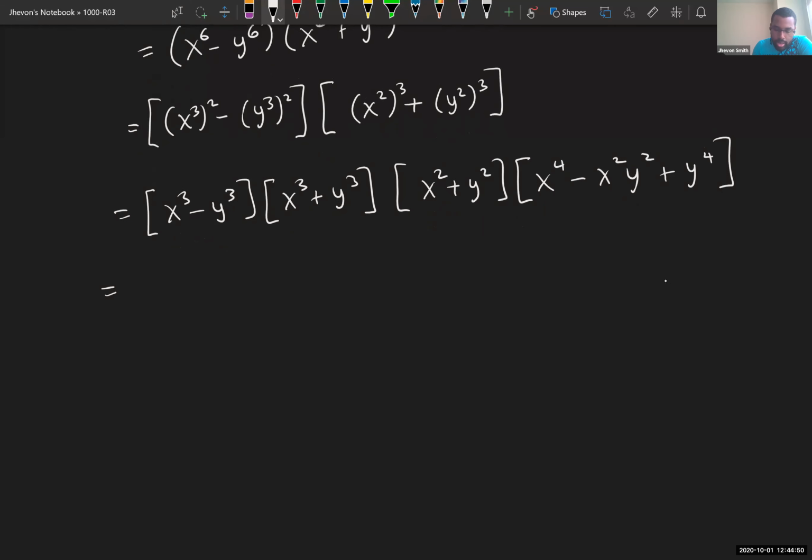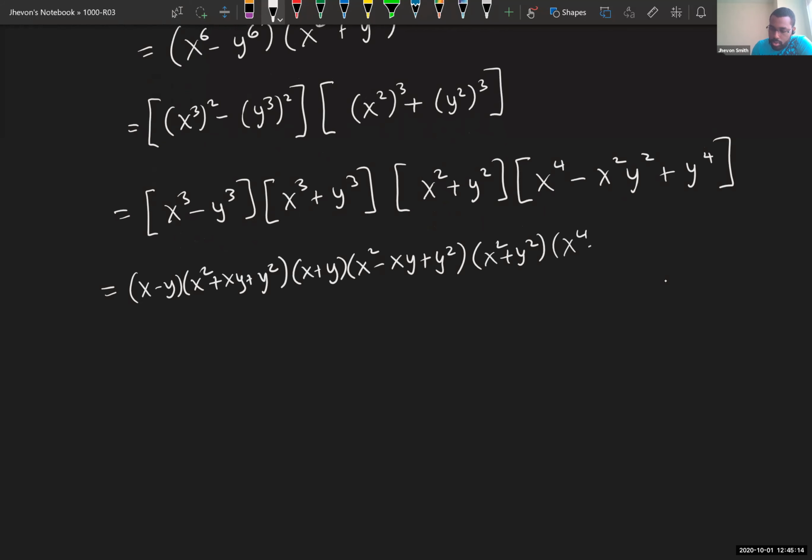And then I would apply the cubes formula here. So this is x minus y times x squared plus xy plus y squared. This is x plus y times x squared minus xy plus y squared. This here would be x squared plus y squared. Can't factor that anymore.